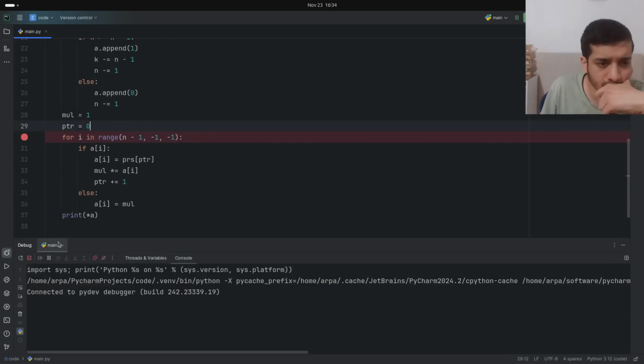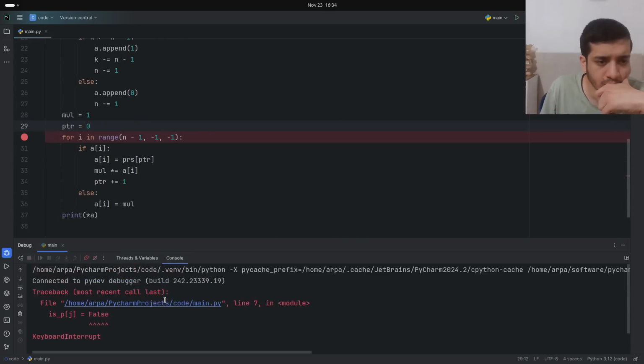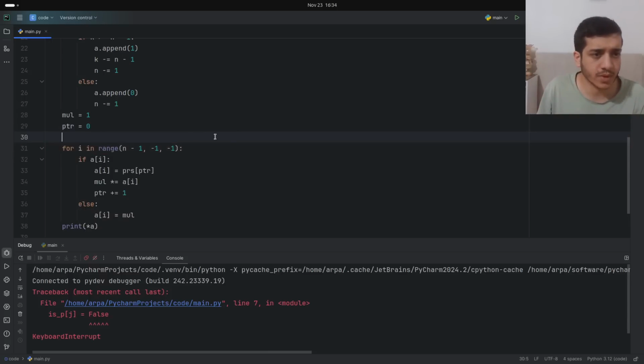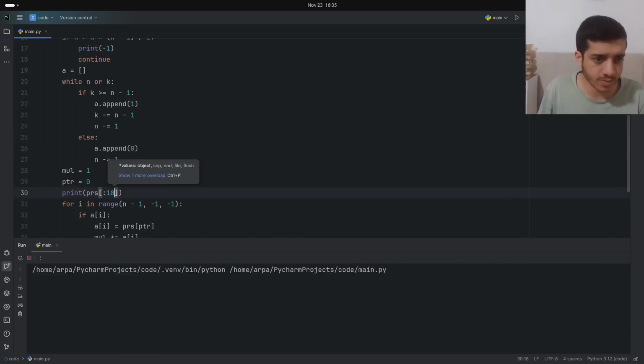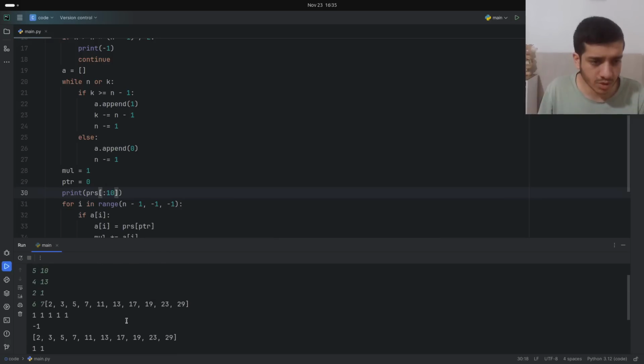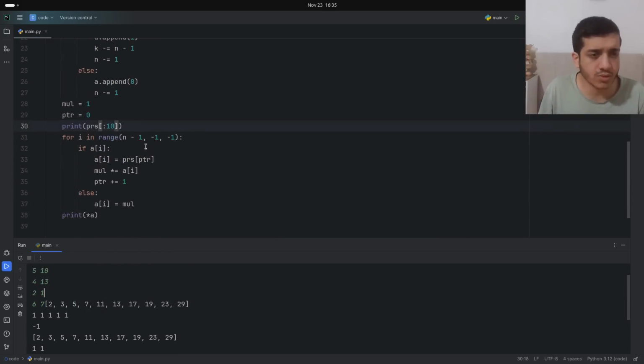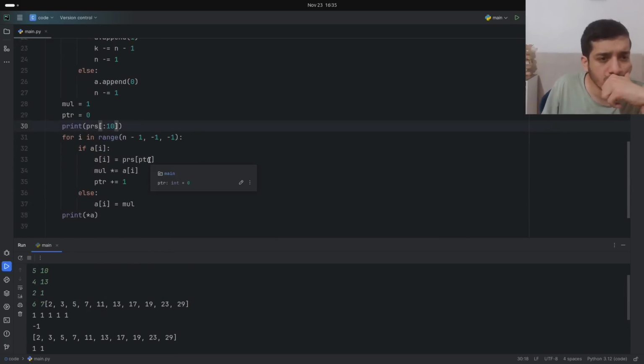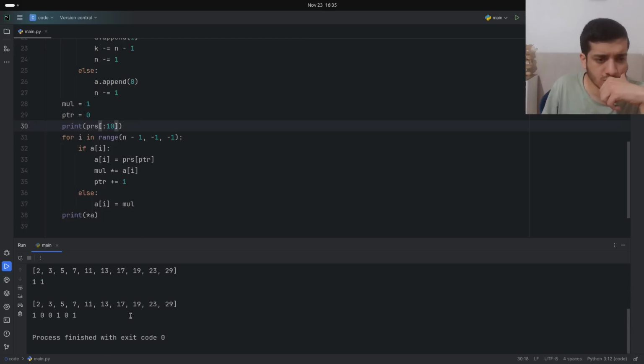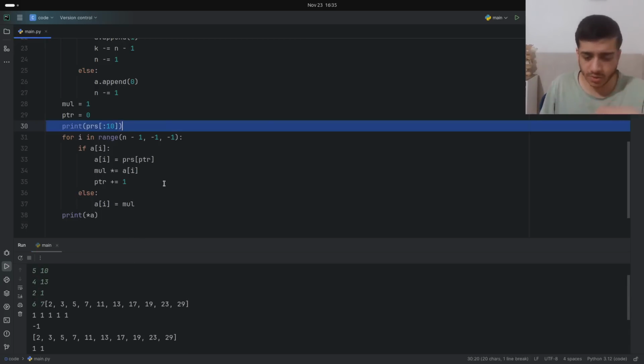Oops, it's going to take so long. Let me stop it. Let me print pairs of 0 and pair. Okay, first 10 primes. 2, 3, 5. That's okay. It's working. Why? I can't understand.